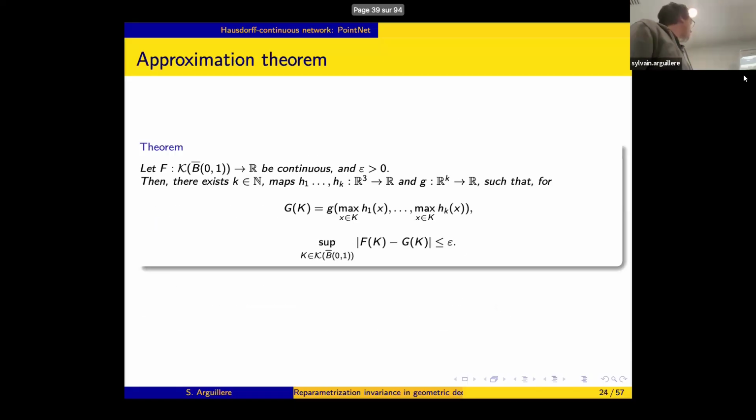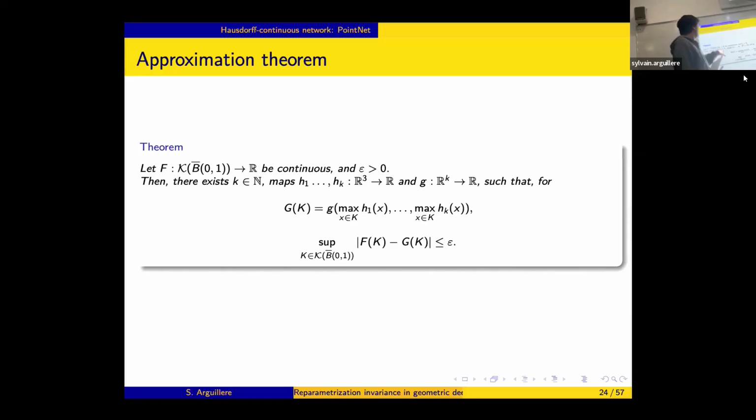And the main result of the article for PointNet is that basically every continuous function with respect to the Hausdorff topology is a combination of such functions, in the following sense. You take any real valued function on the space of compact subsets of the ball, and any distance epsilon.